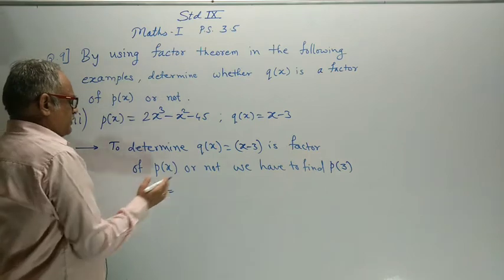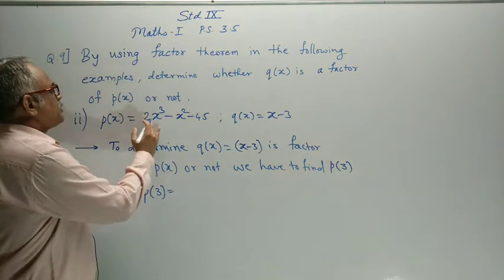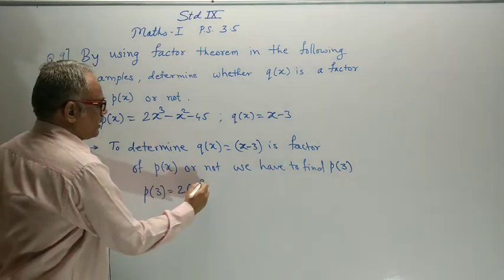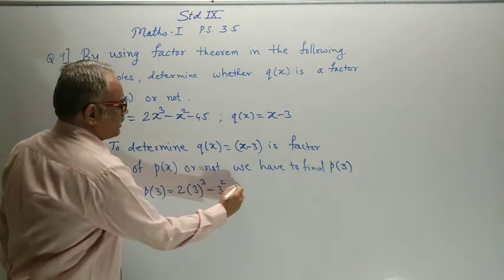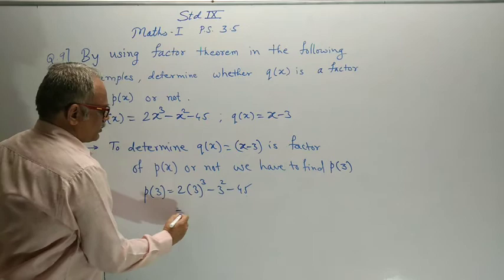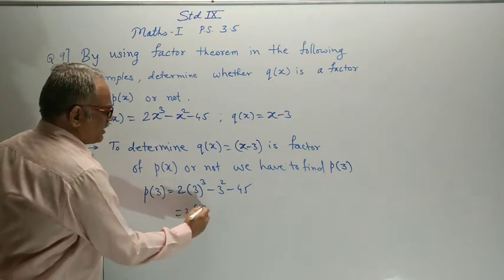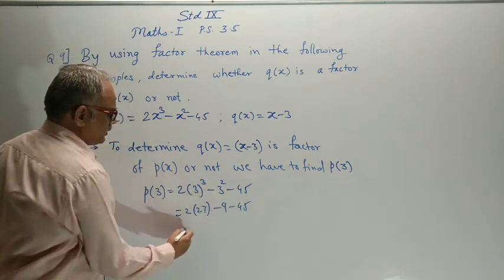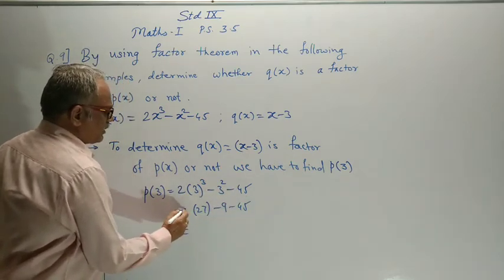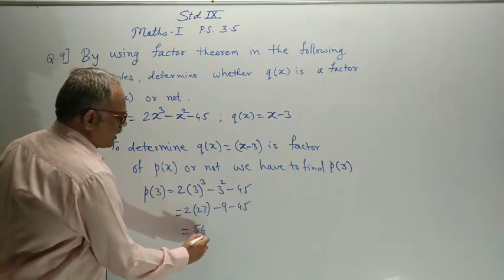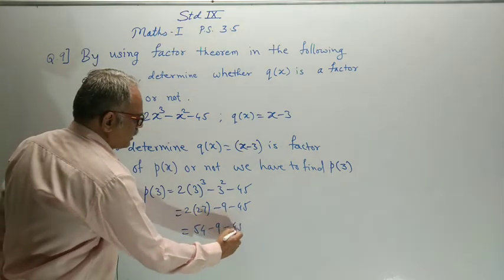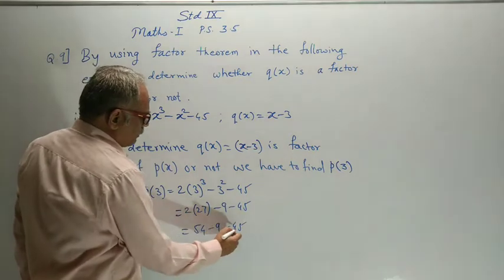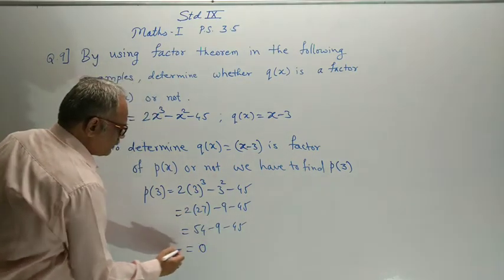So I started finding P of 3. 2 into 3 cube minus 3 square minus 45. 3 cube is 27, 27 2s are 54, minus 9 minus 45. 54 minus 9 is 45. 45 minus 45 is 0.